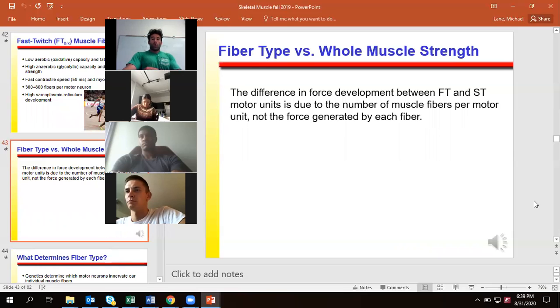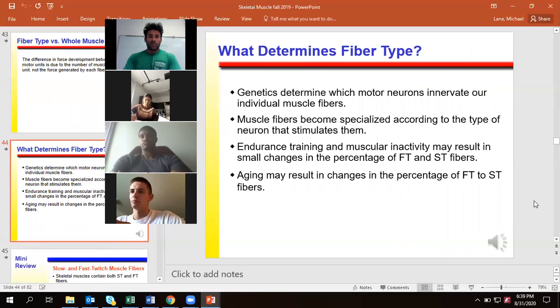So what we're going to find is that, once again, guys, the force is not different. The key is the cross-sectional area we're contracting. So per motor unit of slow to fast twitch, you create more force production from the fast twitch fibers, simply because they're recruiting more individual fibers, which in turn typically have a much greater cross-sectional area than those slow twitch fibers.